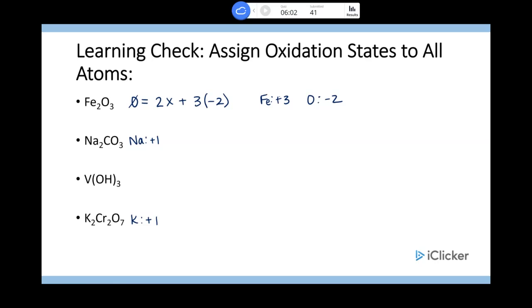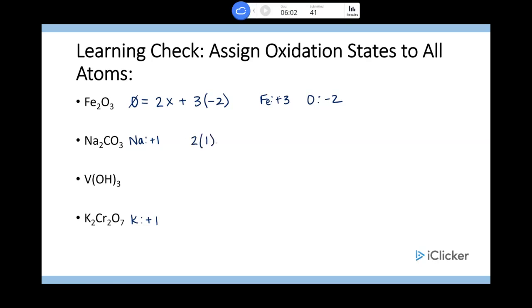All right. In this first compound, sodium carbonate, sodium has a +1 oxidation state and oxygen has a -2. The overall charge is 0, so we're solving for the oxidation state of carbon.